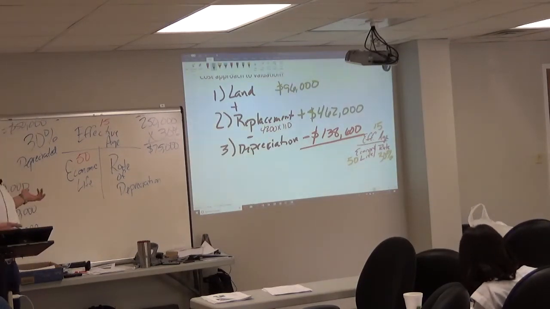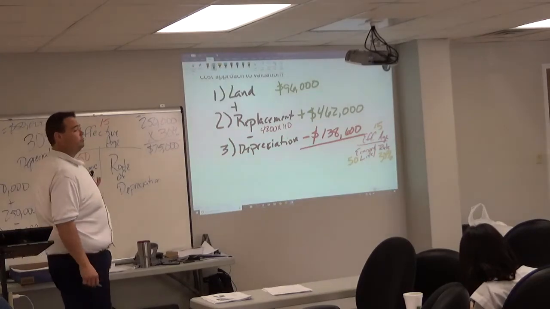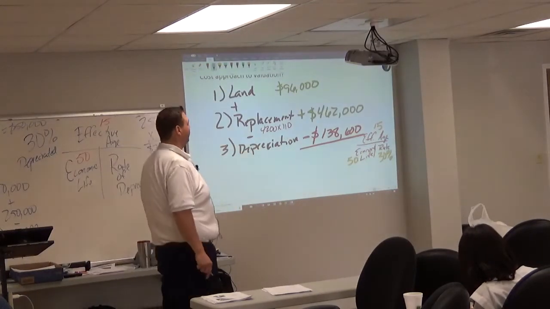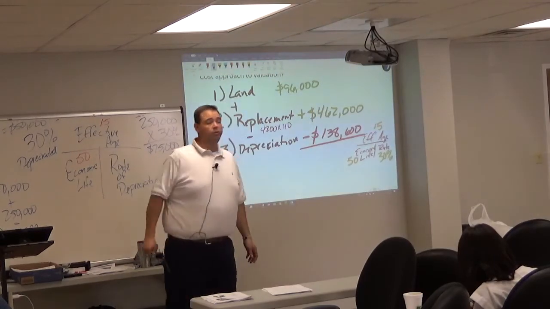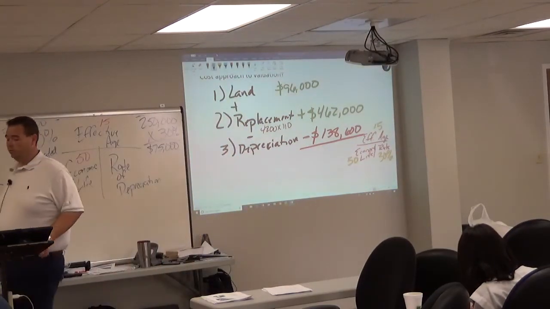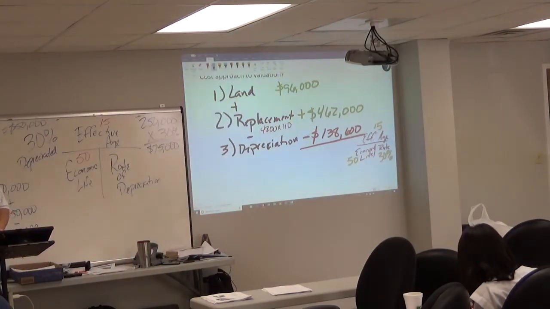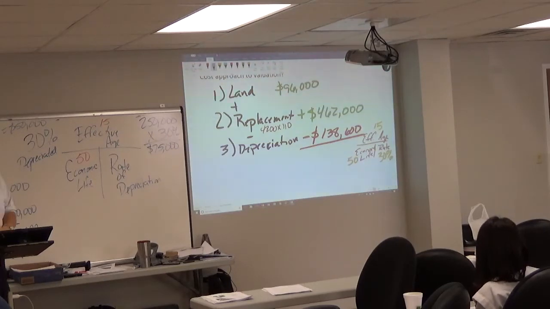Does that make sense for everybody? So it's $96,000 plus $462,000 minus the depreciation. 419,400?